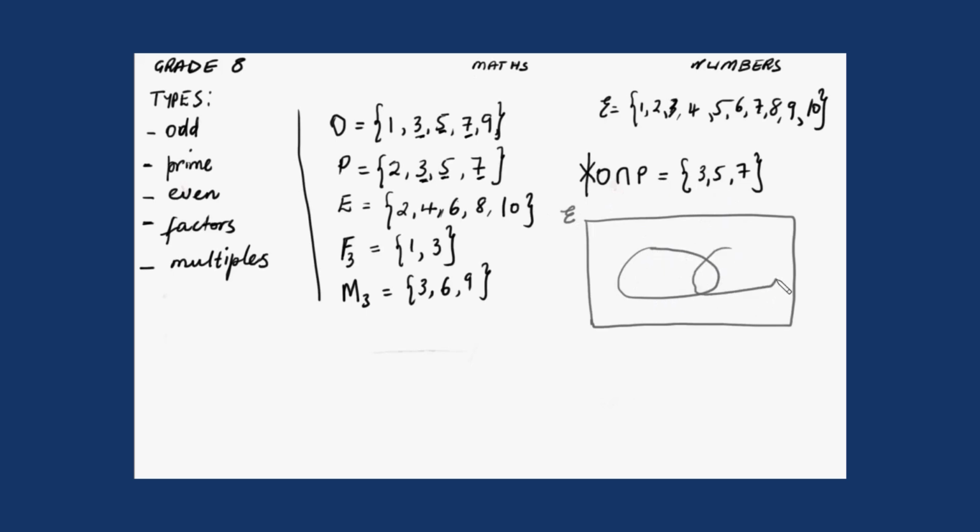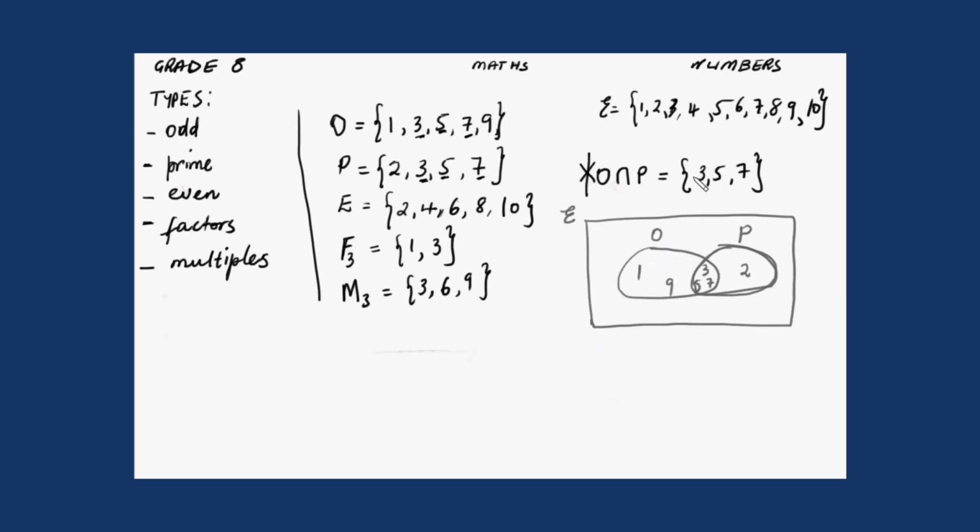The numbers in this overlapping region, 3, 5, 7, are common to both sets. Let me say this is set O and this is set P. For set P, if we have taken 3, 5, 7, we are left with 2. For set O, if we have taken 3, 5, 7, we are left with 1 and 9.